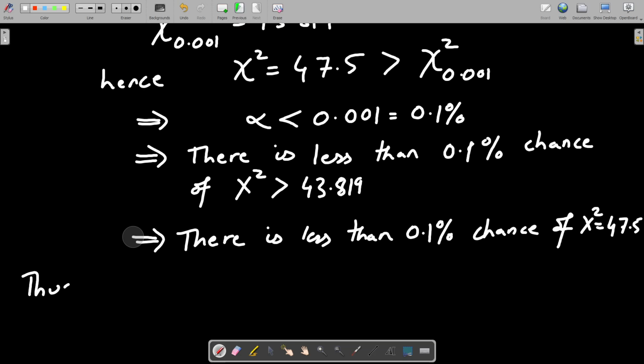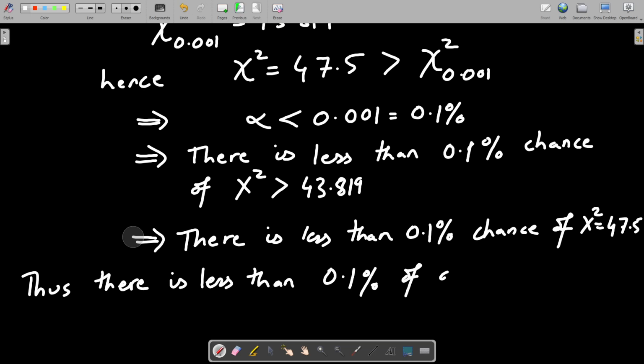So that calculation had started because of this reason. We got s square equal to 20, and there's only a 0.1% chance of getting that. So if the chance is so small, we need not worry.